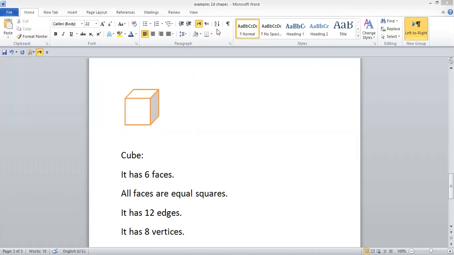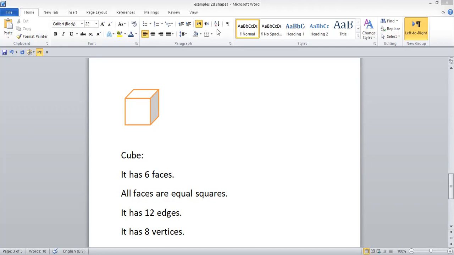How many faces does the cube have? Six faces. Very good.